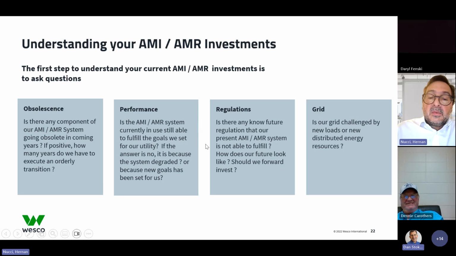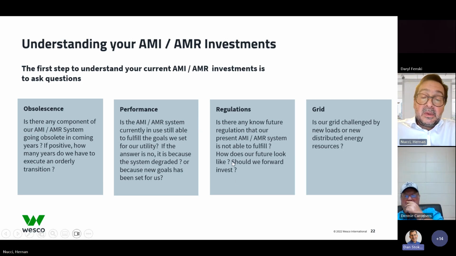The third question is regulations. Is there any future regulation that will affect me? For example, time of use. Maybe in 3, 4, 5 years, some states say, well, we want to give our citizens time of use. If you don't have a system that supports time of use and the meter does not support different rates, well, you have another instance in which you need to think about a migration.